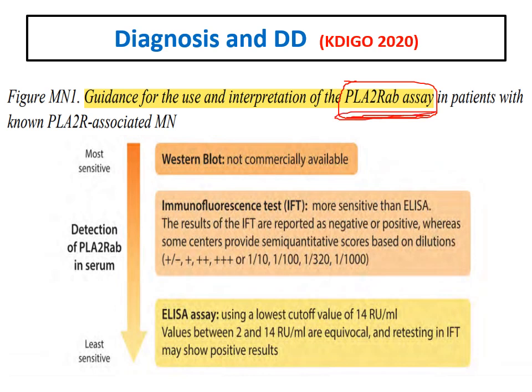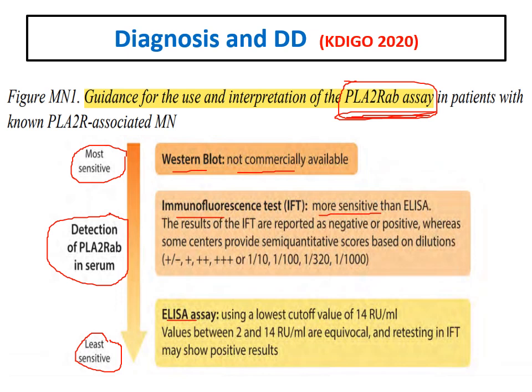Phospholipase A2 receptor antibodies in the serum might be detected in three ways: Western blot, immune fluorescence, and ELISA assay. Of course, the most sensitive is the Western blot technique, and the least sensitive is the ELISA technique. Western blot usually is not commercially available. What is more available is the immune fluorescence test and ELISA. Immune fluorescence is more sensitive than ELISA.